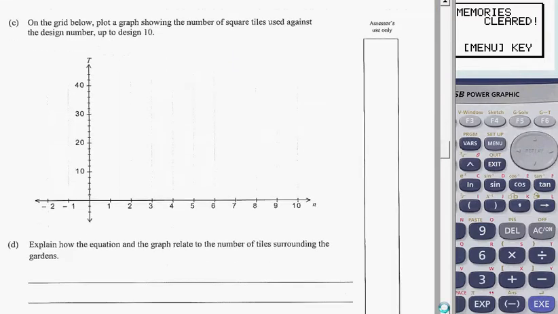Right, next question. I think we're down to draw the graph now for the number of tiles. So design 1 used 7 tiles, 2, 4, 6, 8. We're going up in steps of 2. Obviously you'll be able to draw it a lot clearer than me. Second one used 11. Third one used 15.